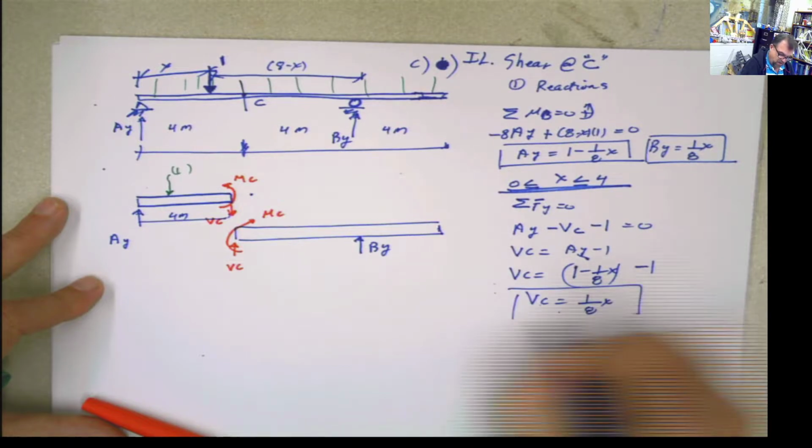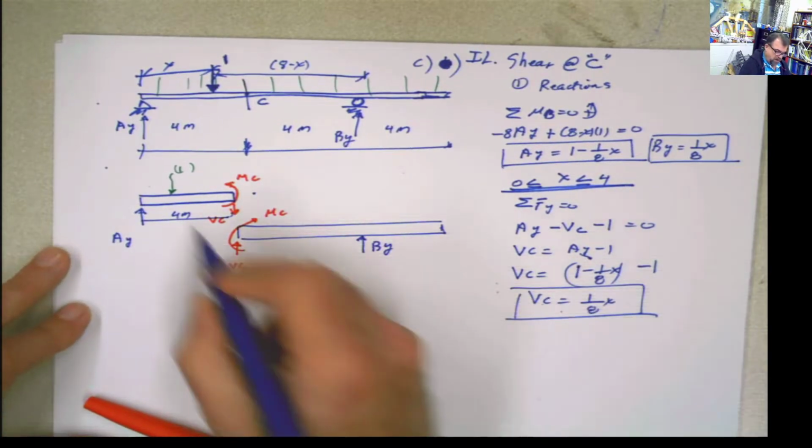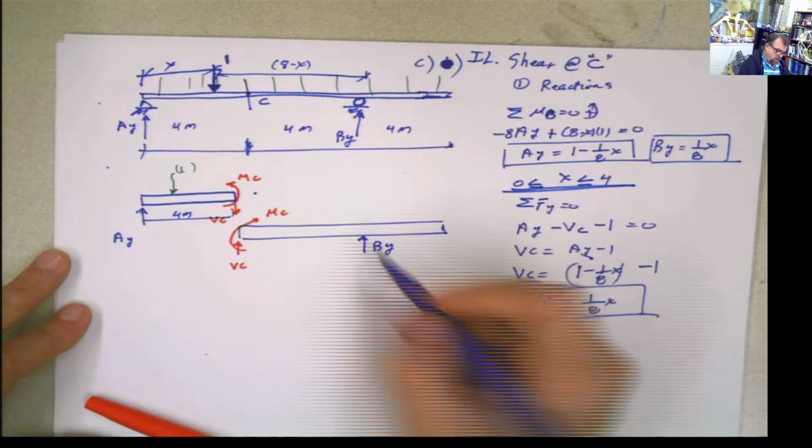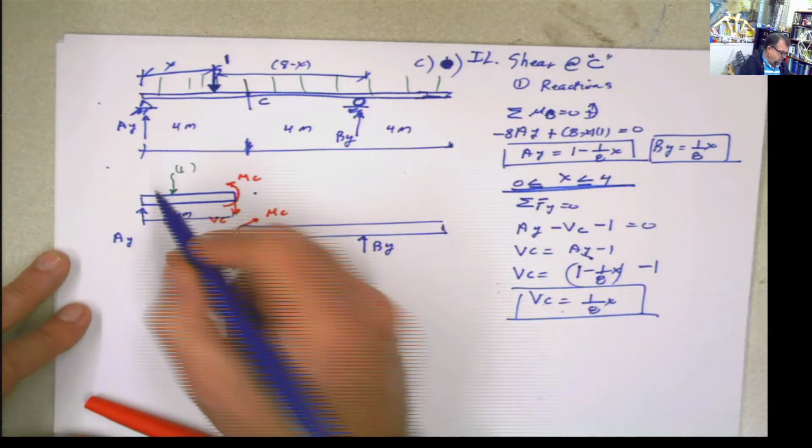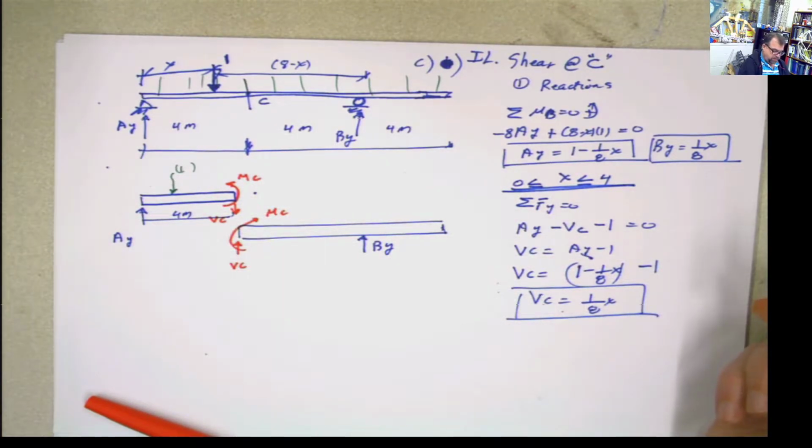That will be the value for VC when you are in this interval. Now once the load is, there are two ways of doing this thing. I like the easiest way.